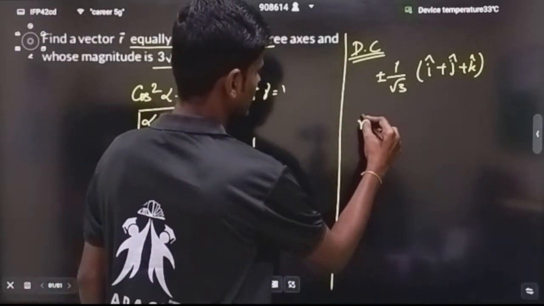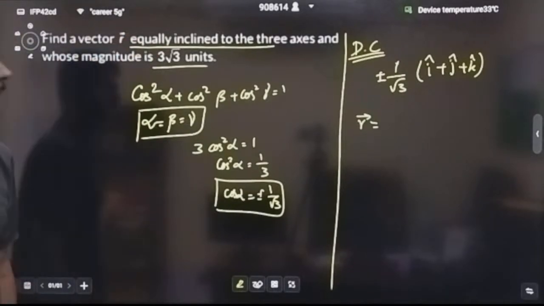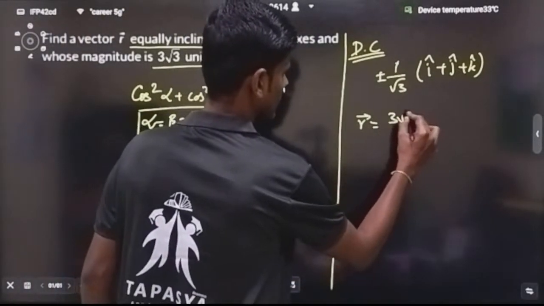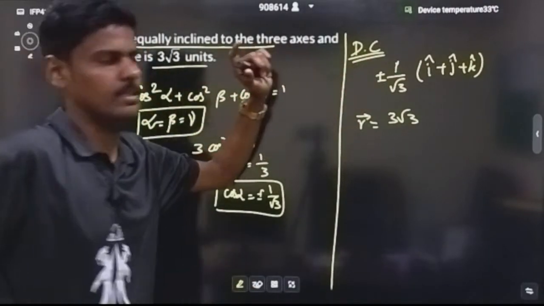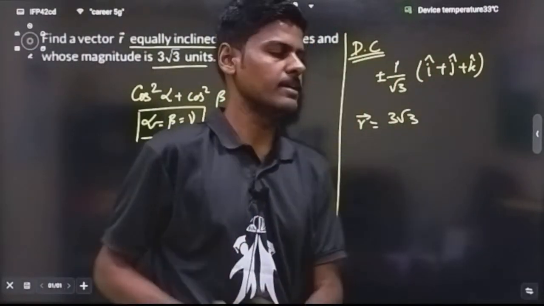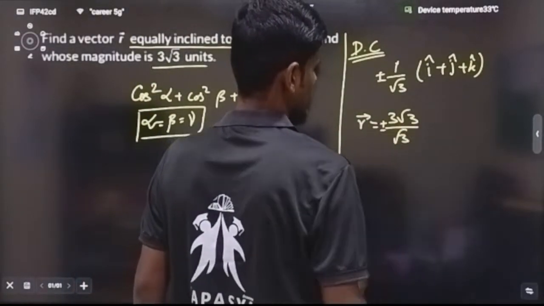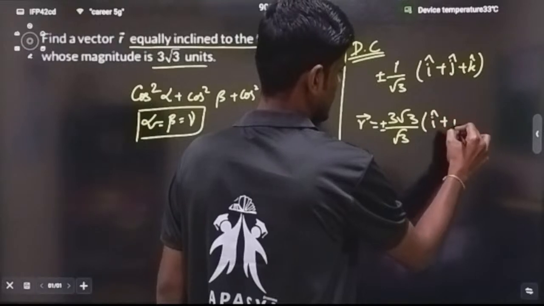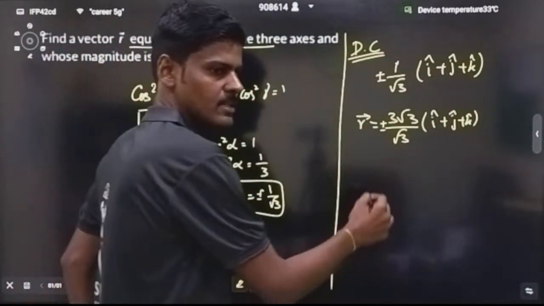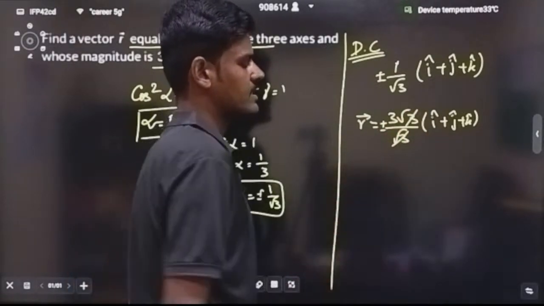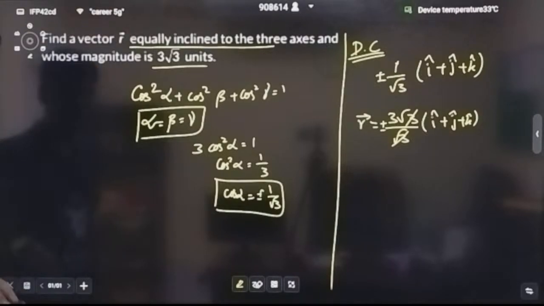Find a vector r vector. What is the magnitude of r vector? 3 root 3. And this vector, remember always when we substitute direction cosine, the vector will always be a unit vector. So here the required answer is 3 root 3 by root 3 plus or minus I cap plus j cap plus k cap. Okay, root 3 will get cancelled and we will get plus or minus 3 times of I plus j plus k. That will be the required answer.